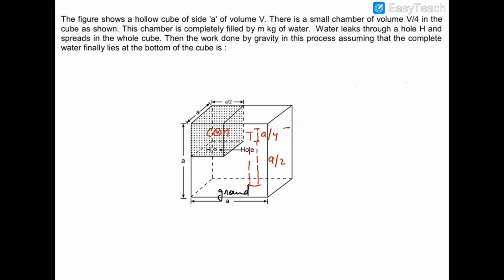So this complete height will be 3A by 4, and hence the initial potential energy of the water was mg into 3A upon 4. This will be the initial potential energy of the water.